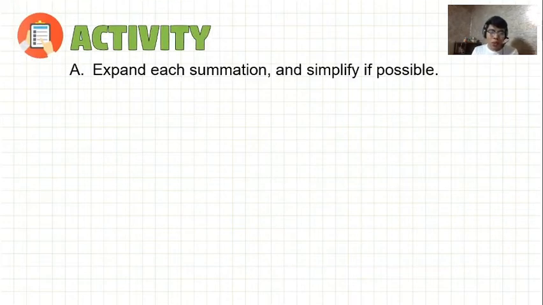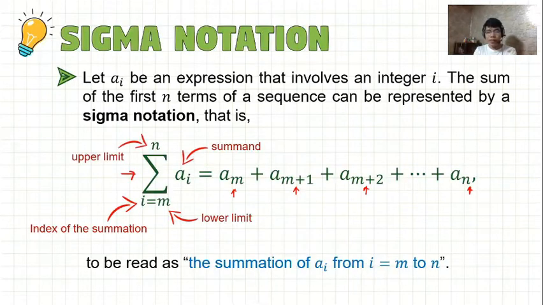What we're going to do is to expand each summation and simplify if possible. Let's go back to the definition from earlier. What we will do is substitute the value of i in a sub i, starting at m and ending at n.